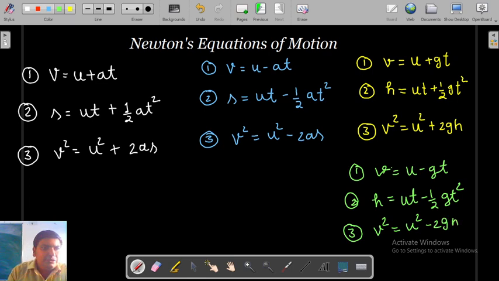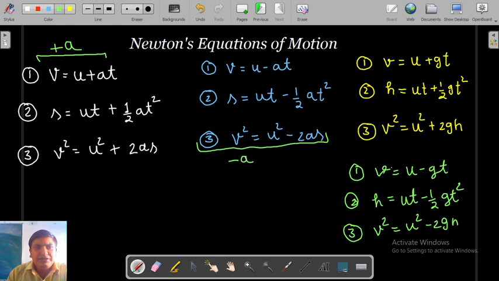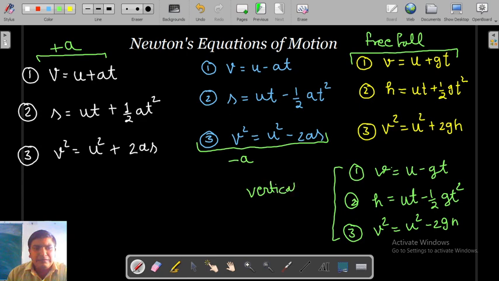So these equations when there is a positive acceleration, these equations when there is a negative acceleration or retardation, these equations when object is in free fall condition, and these equations are when particle is going vertically upward.